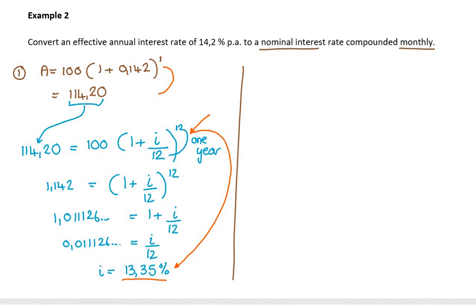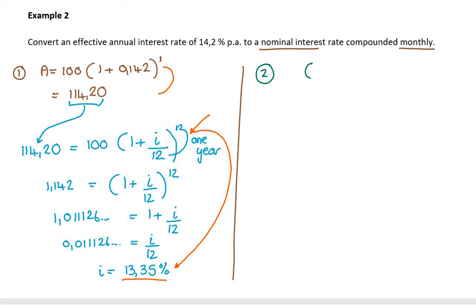So if you walked into a bank and they offered you an effective interest rate of 14.2% per annum or 13.35% per annum compounded monthly, they've offered you exactly the same thing, because these two things have the same effect on your money.